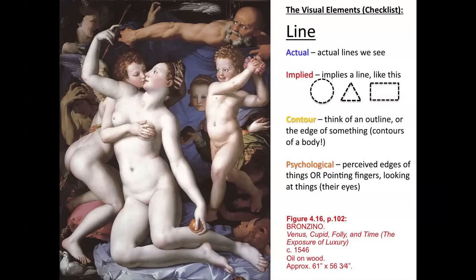Now let's start with line. We have 4 major areas to cover here: actual lines, implied lines, contour lines, and psychological lines. Okay, notice the blue area, actual lines. These are the actual lines that we see. These are the lines that are in the actual composition. Then we see where those lines are in that image.